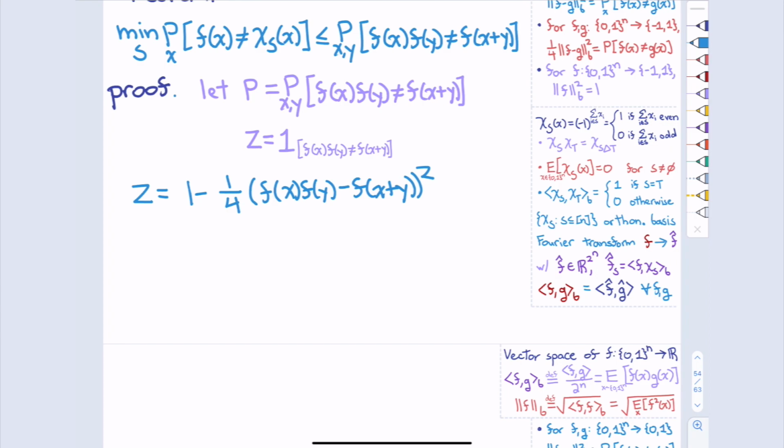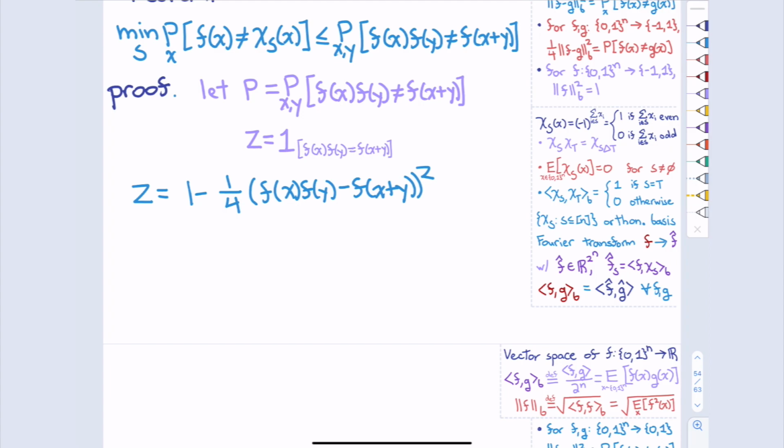Okay, so if they are, yeah, but it is right. Okay, so it seems like Z is actually an indicator variable that they are equal, right?